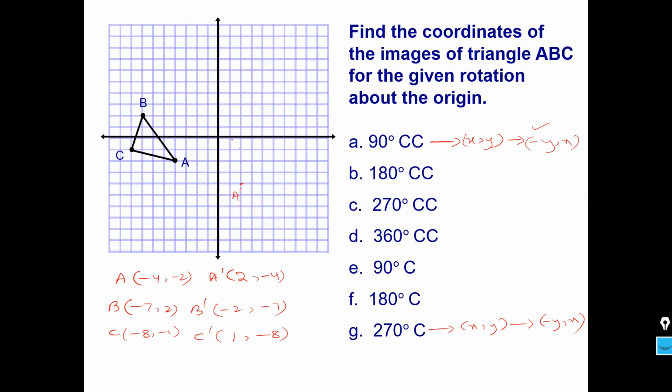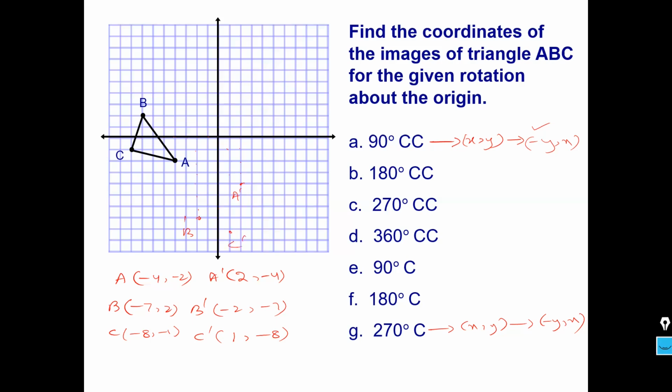B dash is -2, 1, 2, and -7, 1, 2, 3, 4, 5, 6, 7. So this is B dash. Now look here, C dash: 1 and -8. 1, 2, 3, 4, 5, 6, 7, and 8. So this is C dash.